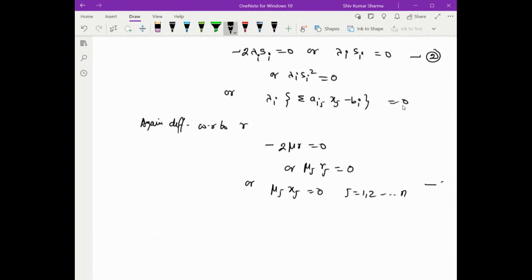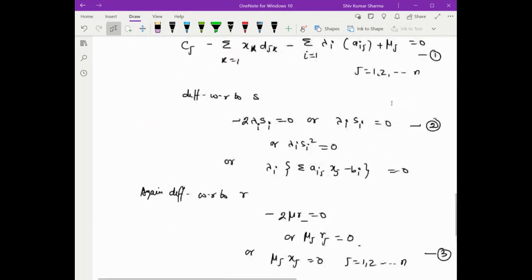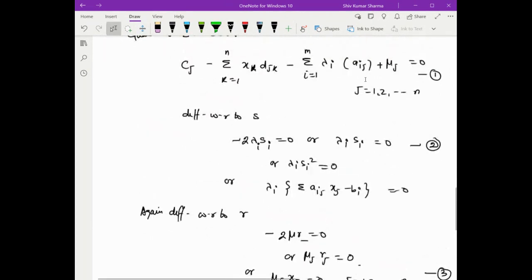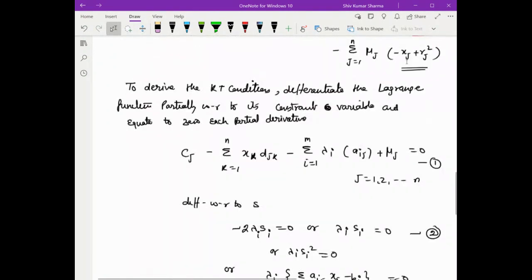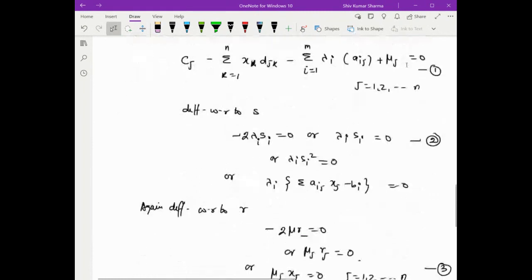So this is equation number 3. This is for a single element, this is for the general case, and this is for mu j xj. So we have decision variable xj.